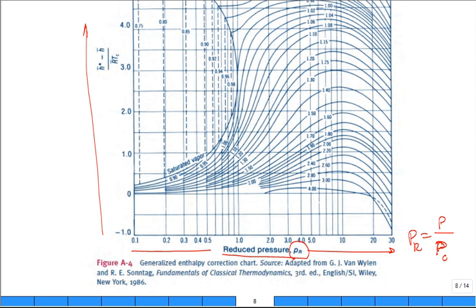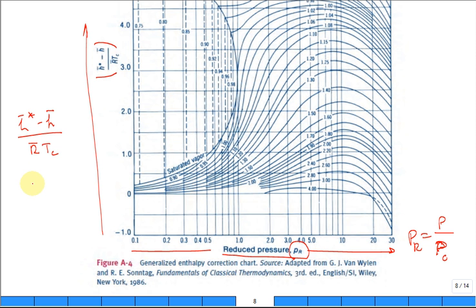And you can look it up, argon, nitrogen, methane, whatever gas you're interested in, you can get that critical pressure. Also, on the y-axis, what's that? Well, that's our enthalpy departure, or correction from the actual best estimate to the ideal gas, considering temperature only. They normalize it by R bar T critical.